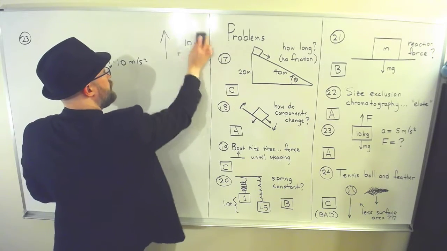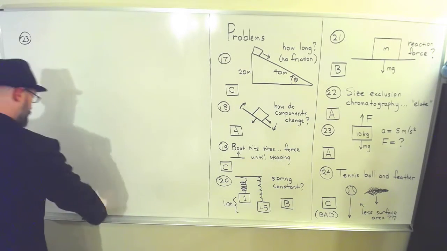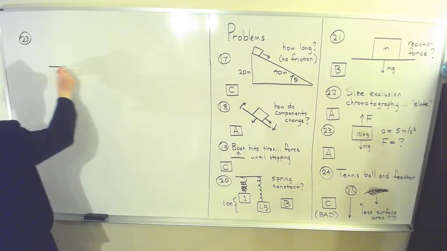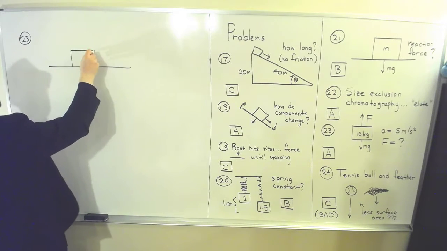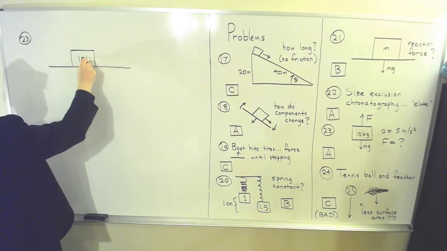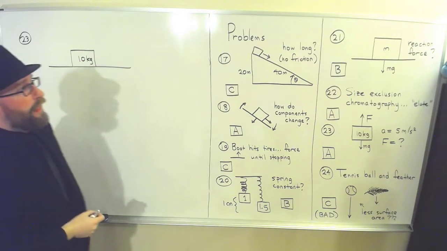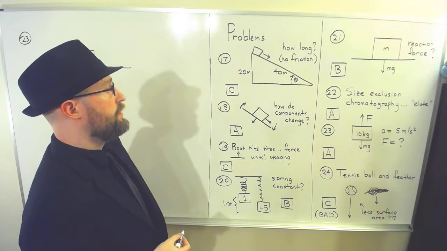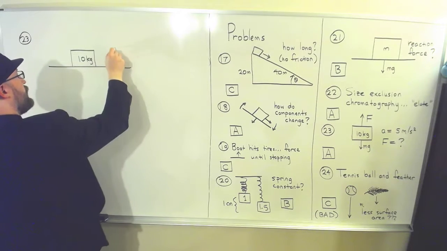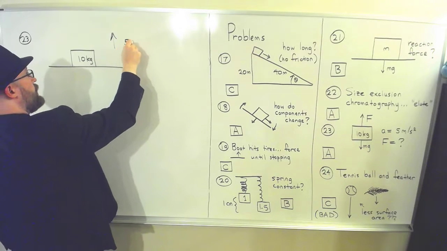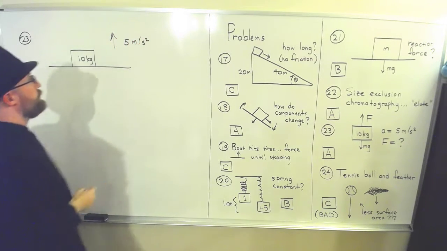In this one, though, you have a mass that starts out just sitting here, and it's 10 kilograms. And the question is, how much force do you need to make it accelerate upward at 5 meters per second squared?